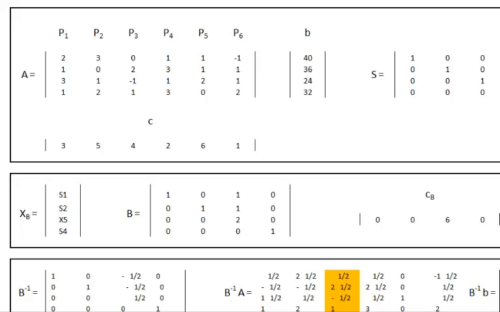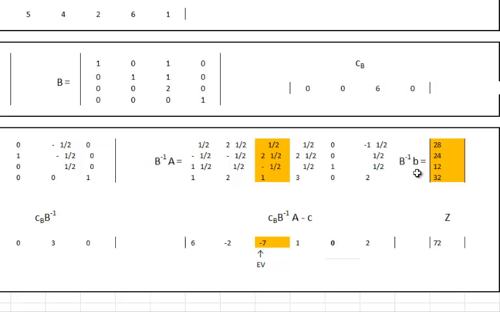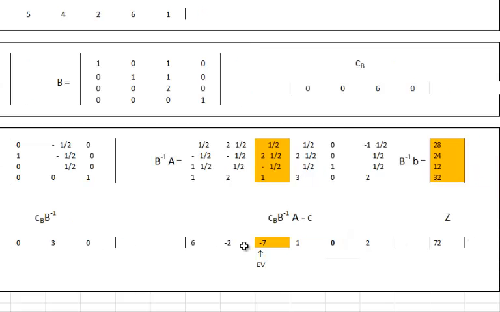Again, we are going to do the calculations, and in this calculation, B inverse, B inverse A, B inverse B, CBB inverse A, and CBB inverse have also been calculated, and these values again represent the optimality condition. We are going to check them to see whether there is a negative number in this set, and there are a couple of negative numbers.